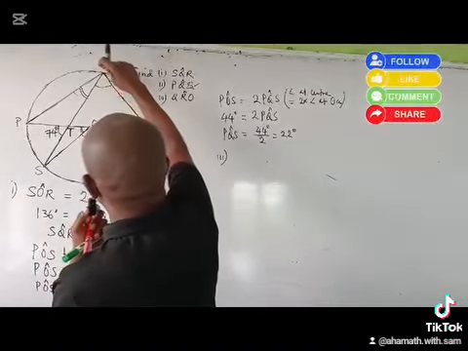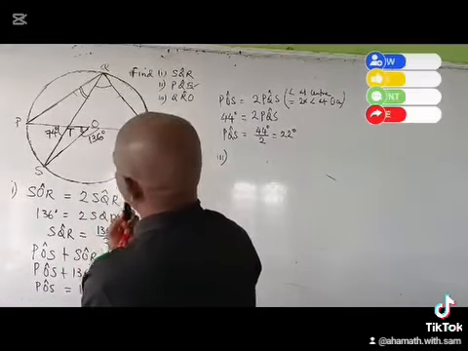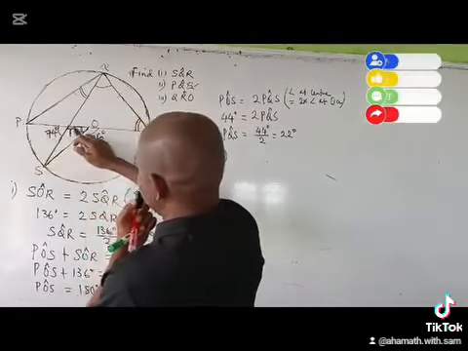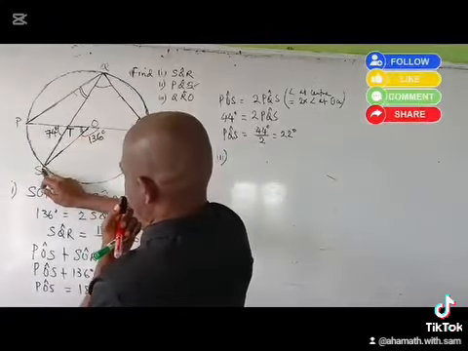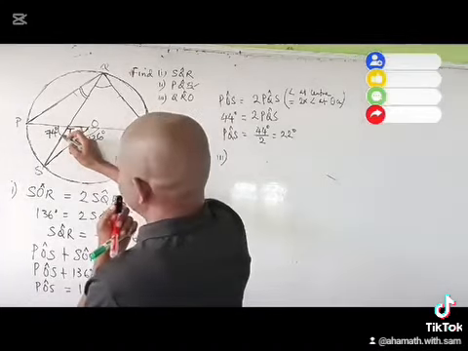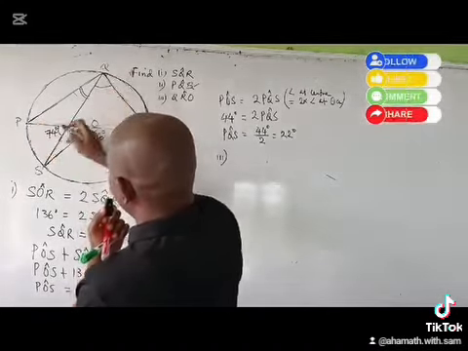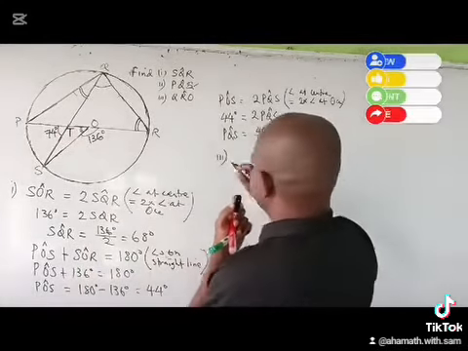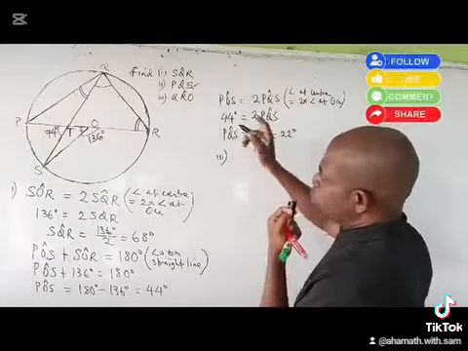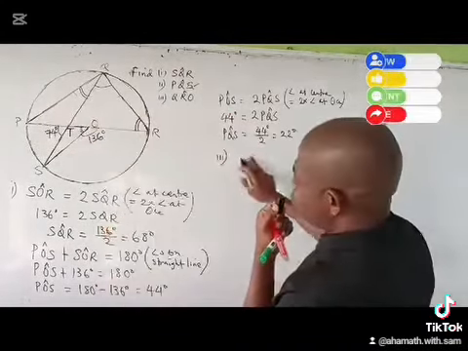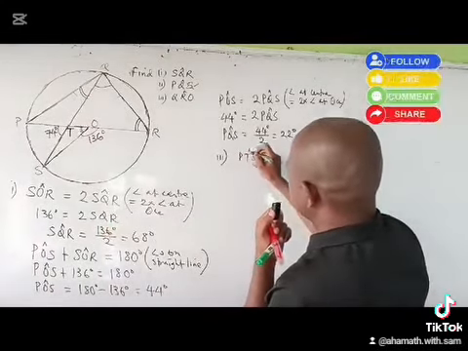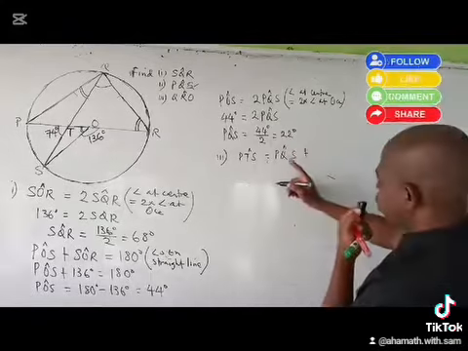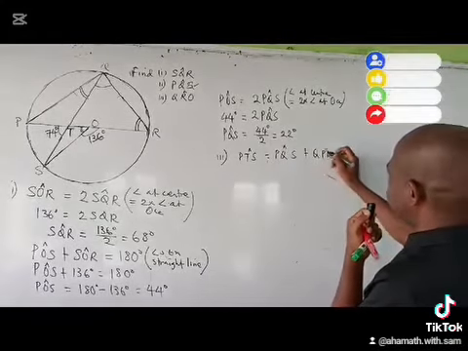How do we find the angle QPR? Now, we notice that this angle PTS, that's the angle 74 degrees, is exterior to triangle PQT. And we remember that the exterior angle of a triangle is the sum of the two interior opposite angles. Therefore, we say that angle PTS is equal to angle PQS plus angle QPR.